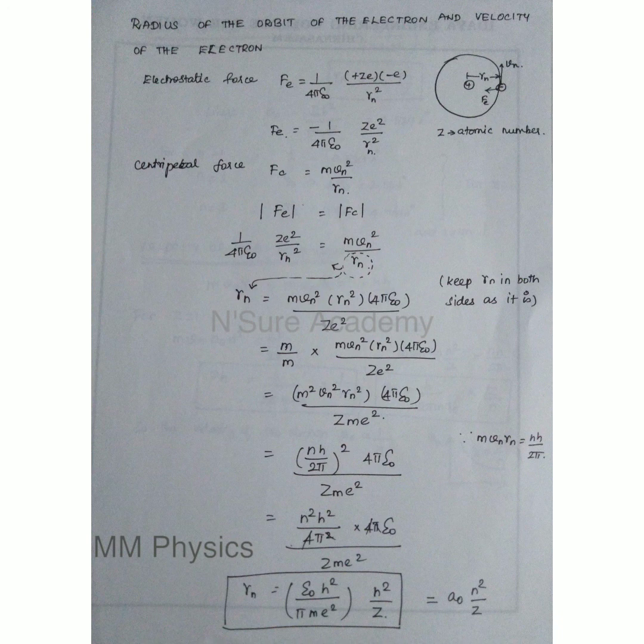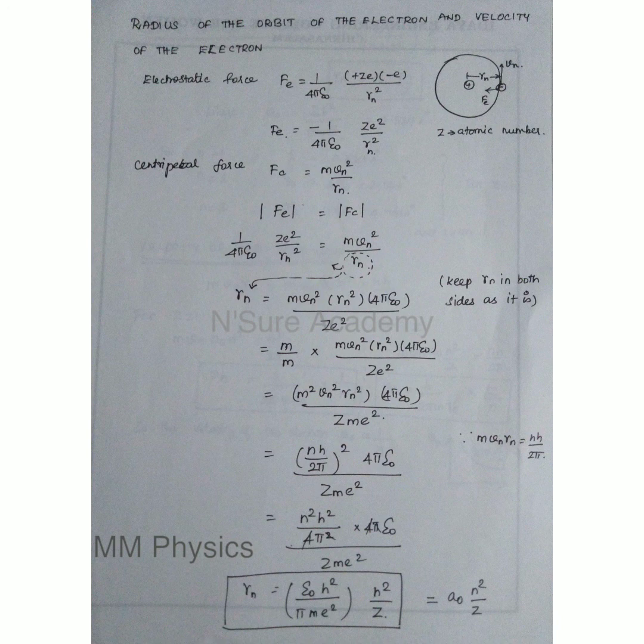We should not cancel the Rn on the left hand side and the right hand side, because in the Bohr model the quantity m vn Rn is used. So we need to keep the Rn on both sides. Take the Rn which is in the denominator of the centripetal force, so that Rn is equivalent to m vn square Rn square 4 pi epsilon naught divided by Ze square.